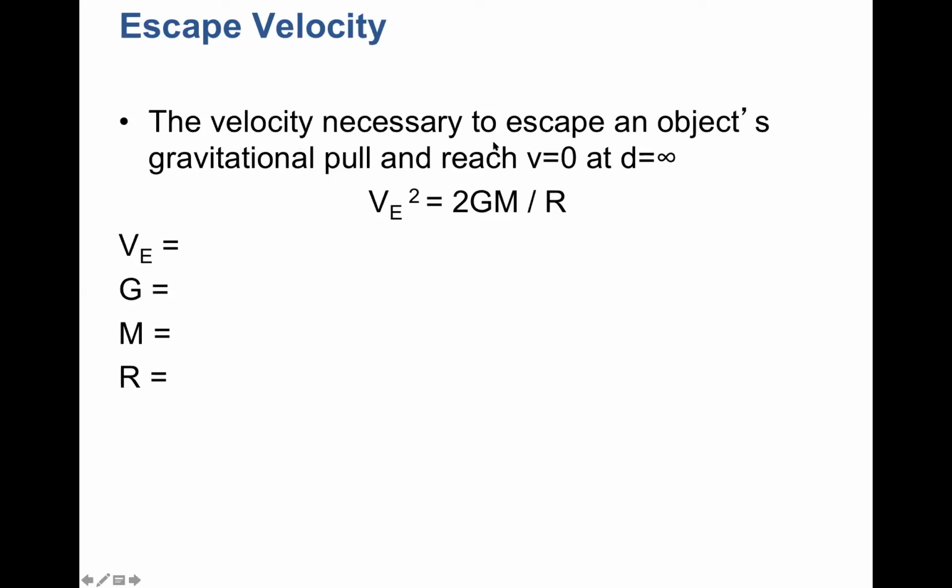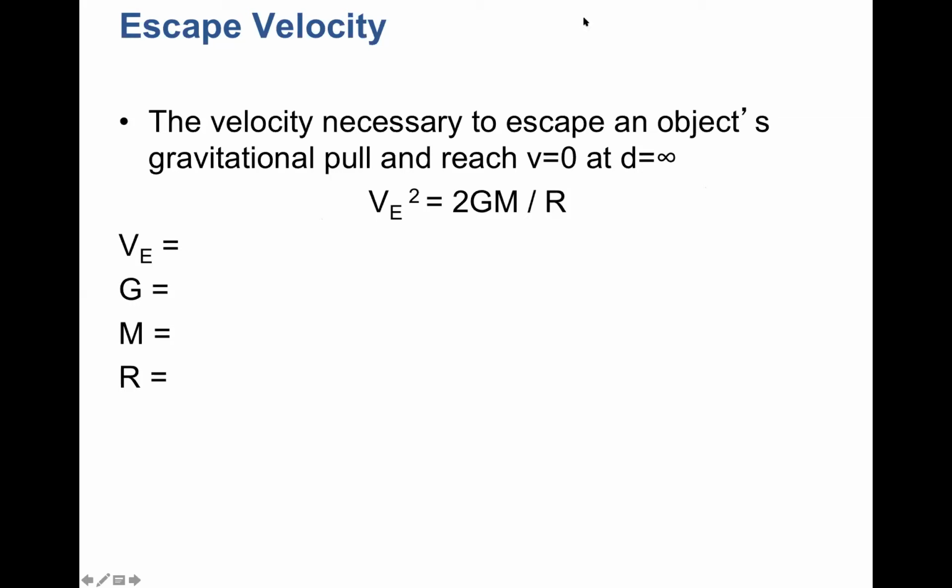The escape velocity is the hairline velocity between those objects which will be brought back eventually and those objects which will not. In other words, it will continue to slow down, but it will reach velocity equals 0 at a distance of infinity. And this is the equation that lets you figure out what that velocity is.